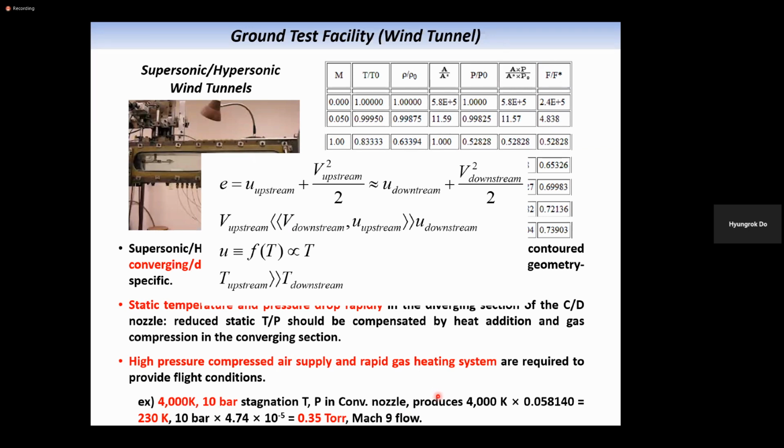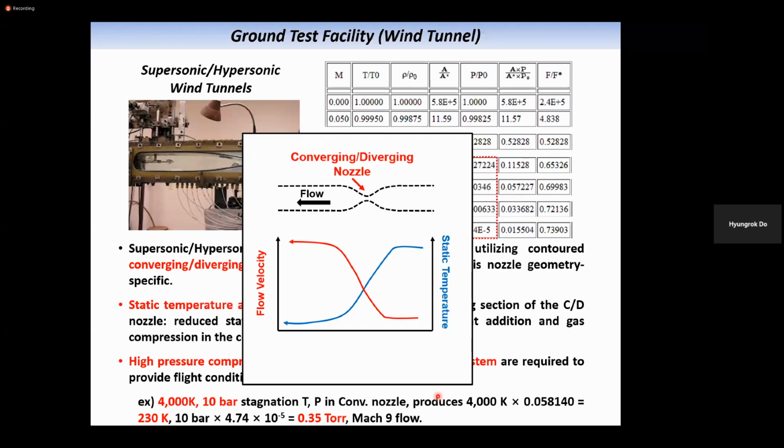So if you insert a physical sensor into it, your sensor will be broken, or it will cause a strong shock wave, and then it will mess up your flow. So only the optical measurement method can be used for measuring the properties of this high temperature or high speed gas.